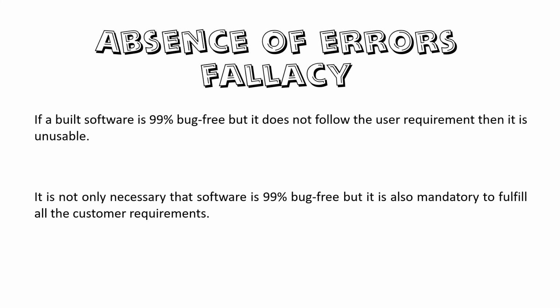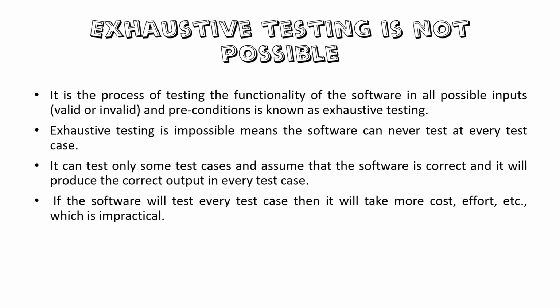The next principle is that exhaustive testing is not possible. What I mean to say is that we cannot test all the possible inputs and preconditions in a software while testing it. Exhaustive testing means testing everything, and the test cases which are written cannot all be tested in one particular testing.